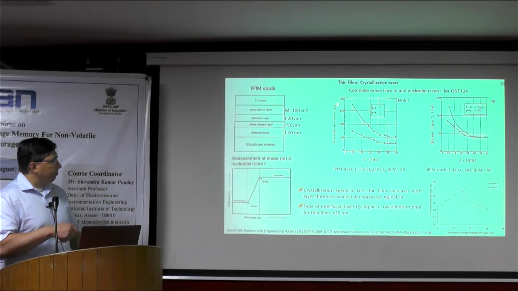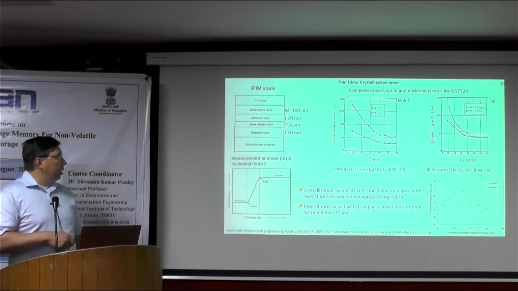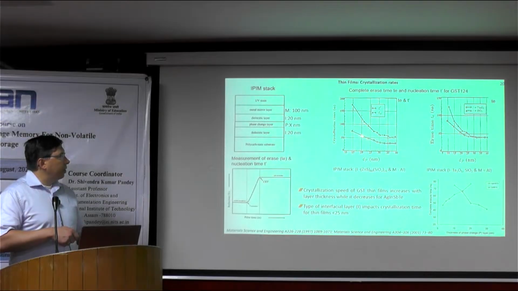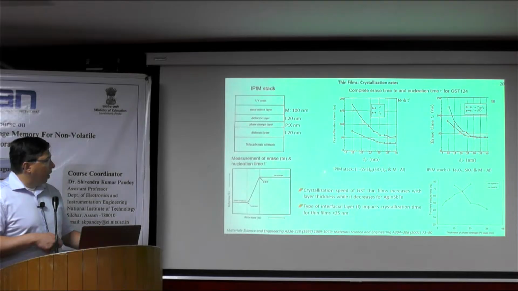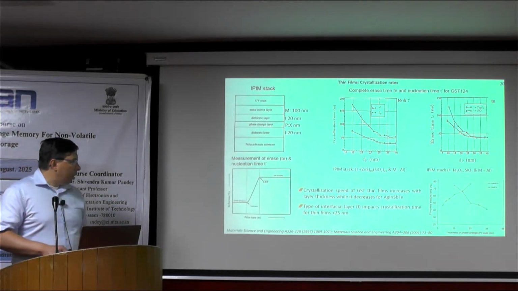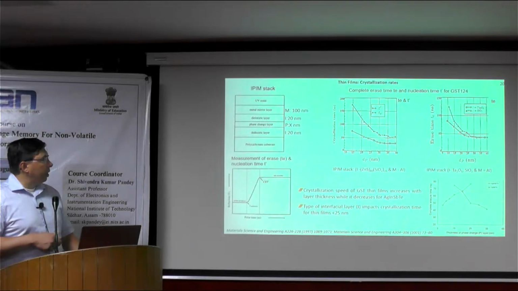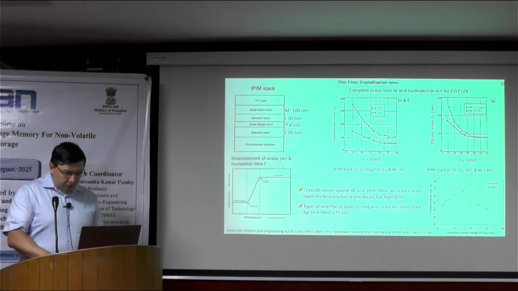So somehow the crystallization speed of GST increases with layer thickness, while it decreases for AST. It seems that such interfacial layers also impact the crystallization time of GST thin films.